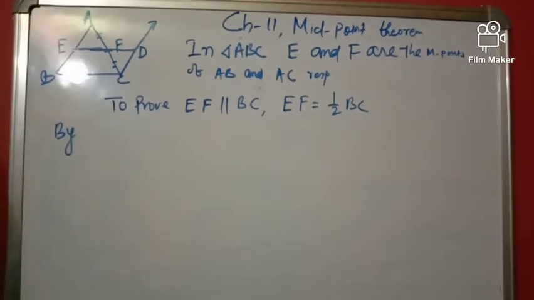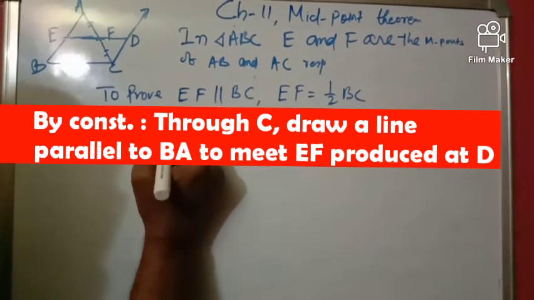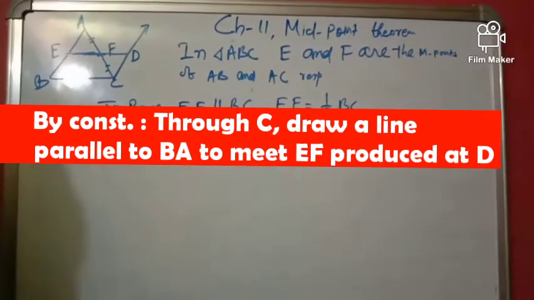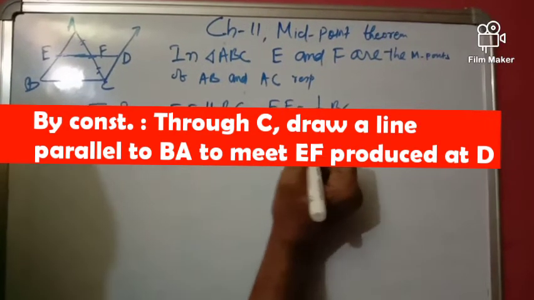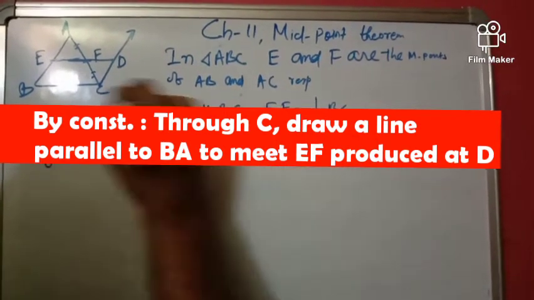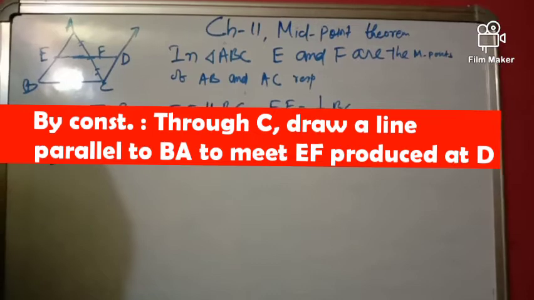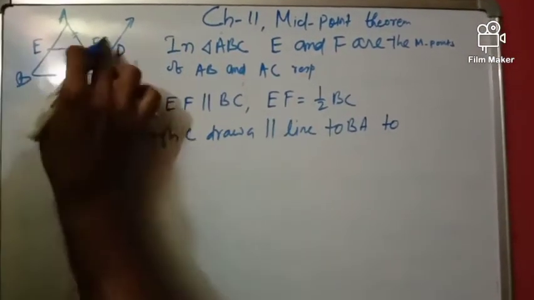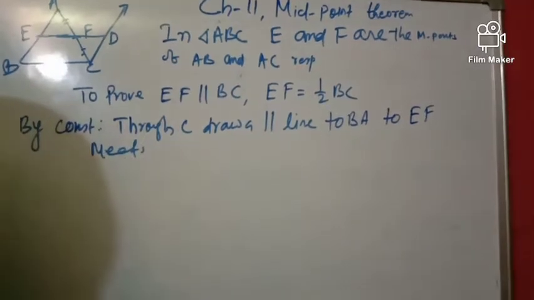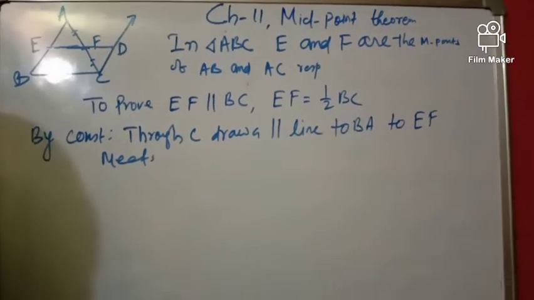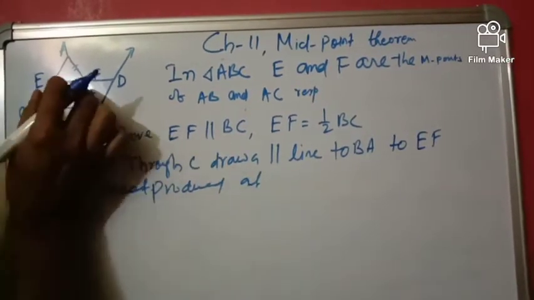By construction, through C, draw a line parallel to BA, meeting EF produced at D. Means this is EF, I am producing this line.